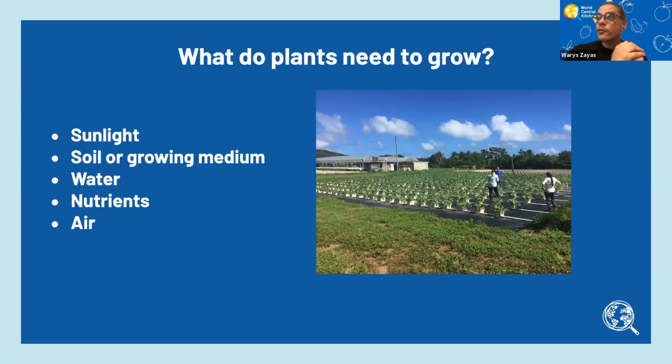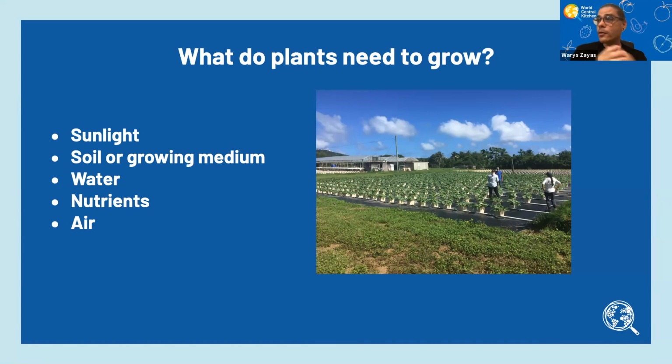The first four bullets we will discuss more specifically in the next slides. About air, I just want to say that plants need good ventilation and good airflow to minimize humidity in the environment, right? Because if you have higher humidity, especially where we are in the tropics, because the Bahamas is a little bit north of the Tropic of Cancer, but just by 2 degrees, it keeps being tropical.